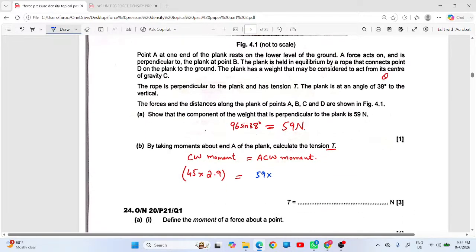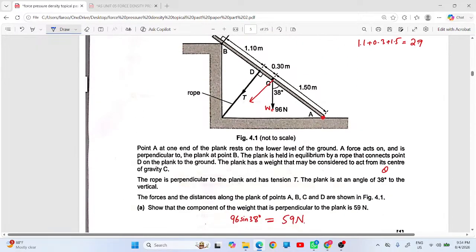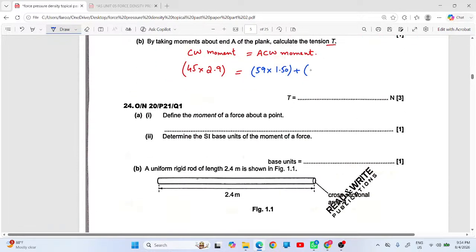1.5 plus the other side, the distance is what, 1.5 plus 0.3, कितना हो जाएगा, 1.8. हाँ, so tension into 1.80 because tension and weight create an anti-clockwise moment.